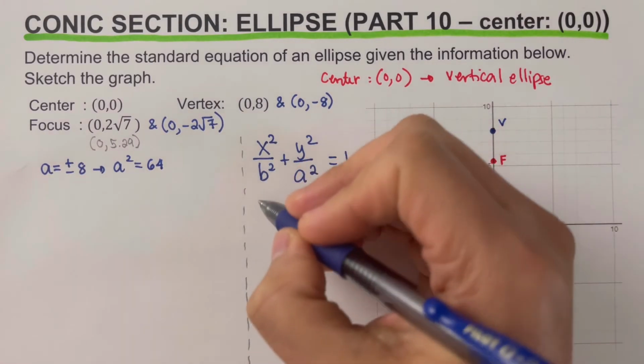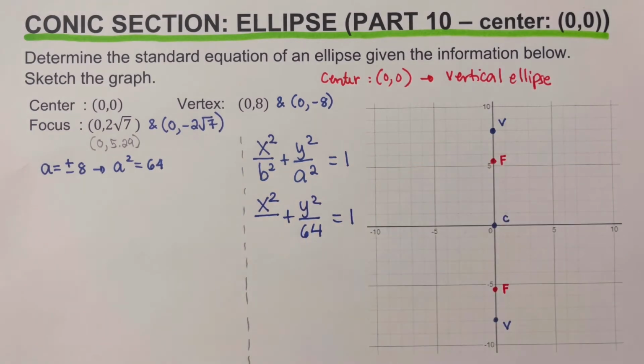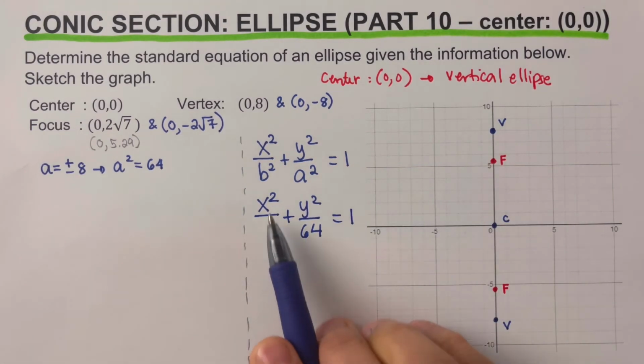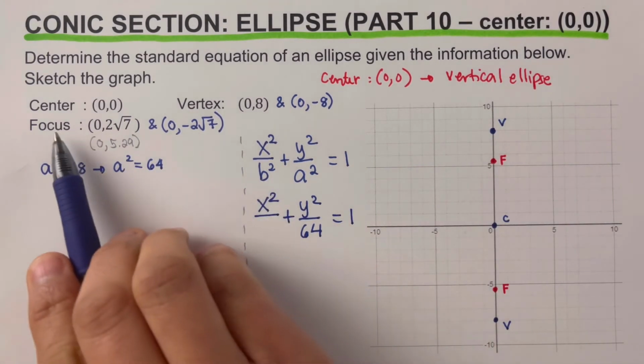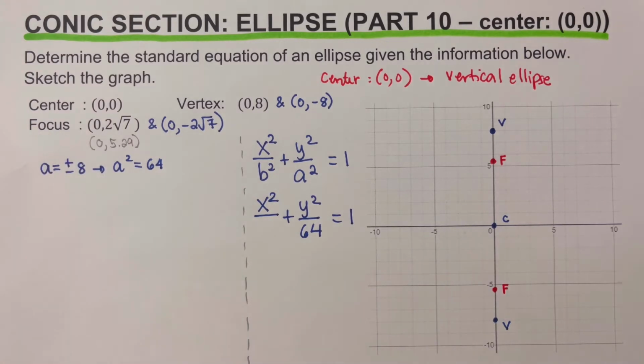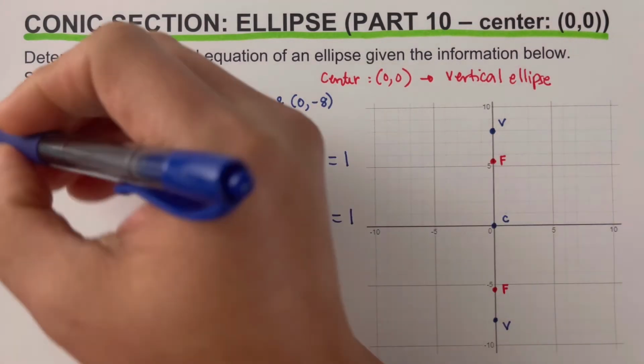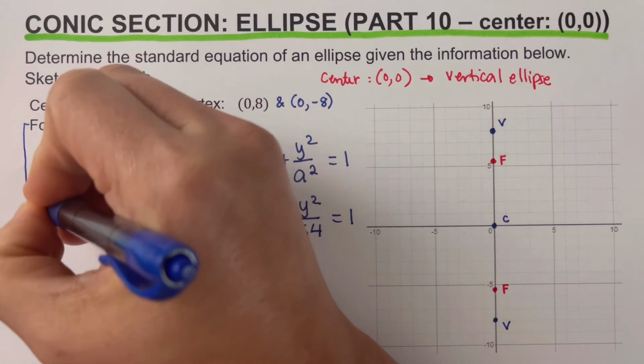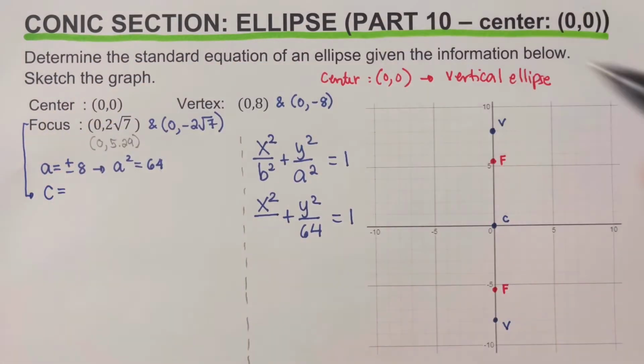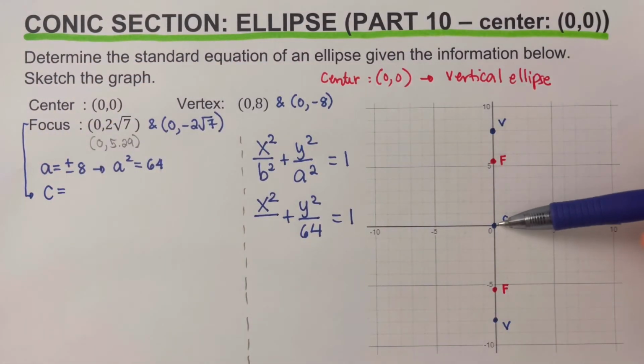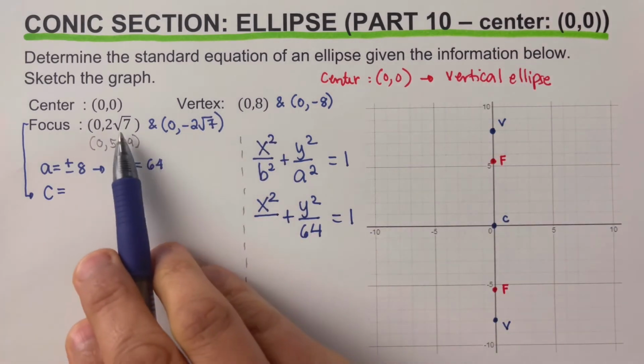So our equation will come out. Now notice that we don't have a b squared, but then we are given the focus. Now we remember that the distance from the center to the focus is actually represented as letter C. So I can go ahead and write that down here, that our C, we can use the distance formula to get this value right here.